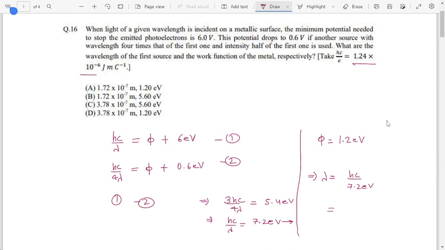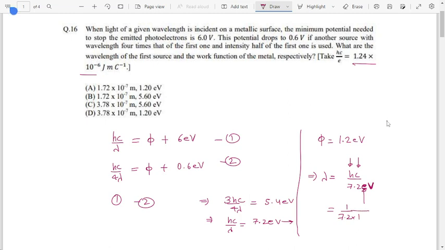If you put h and c in SI units, and e is the electronic charge, and this is 1 volt, which is already in SI unit, then if you put the value of electronic charge in SI unit, we will get lambda also in SI unit.